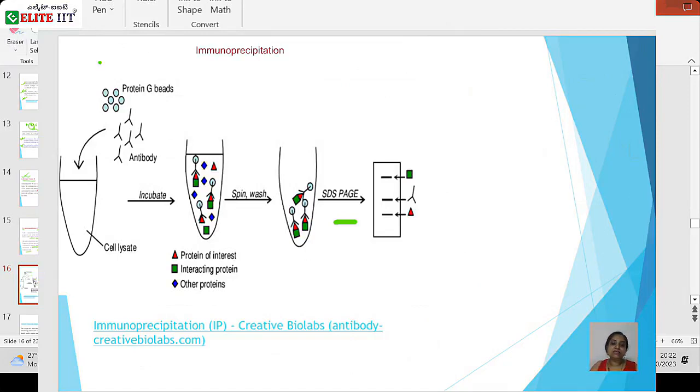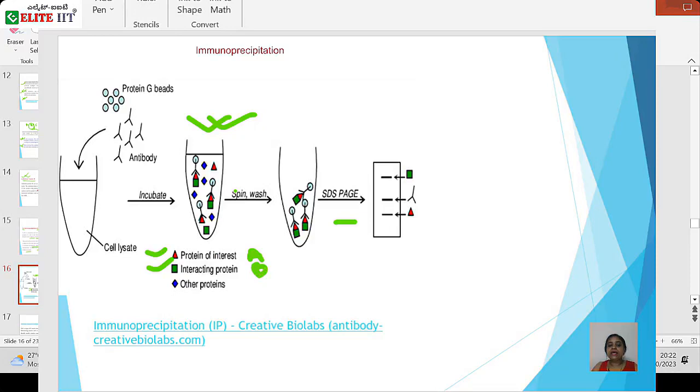If you see in this figure, the green color protein and the red color protein are attached together. Consider green and red as A and B. So A and B are attached together.